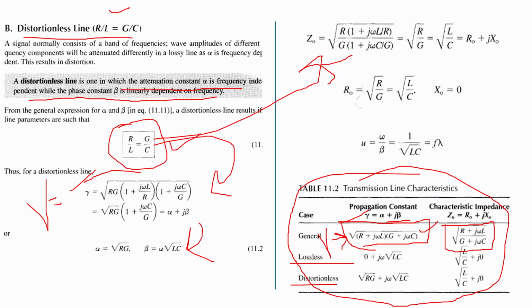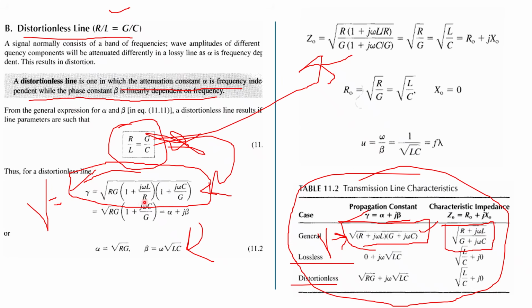So for the distortionless line, you can see whatever we have used to find the value of gamma, we have put this one condition, R by L equal to G by C, in this same equation only. This is the most important equation.